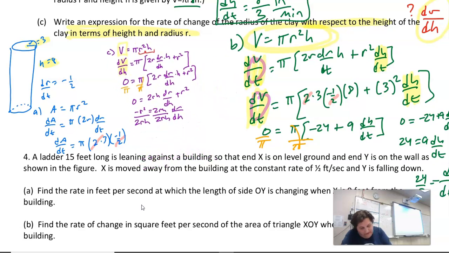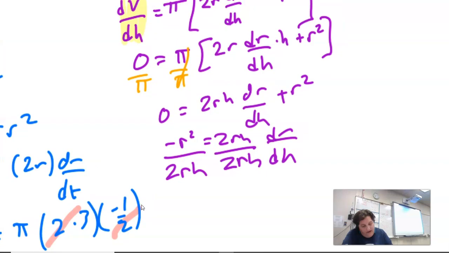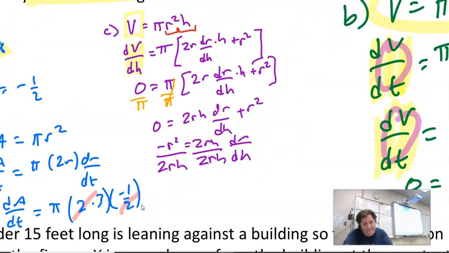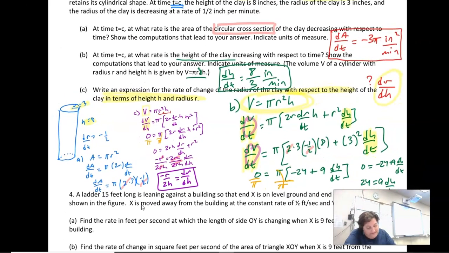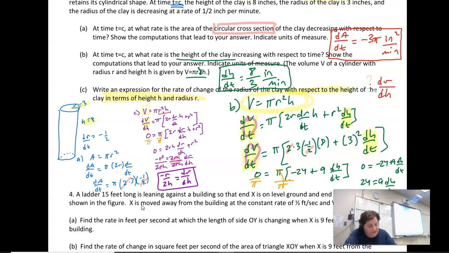Clearly, I need to go make your copies so that you have much more room. Okay, so here we go. That crosses out. dr/dh is... now I can cross out one of these r's: negative r over 2h. That is the expression for dr/dh in terms of r and h.